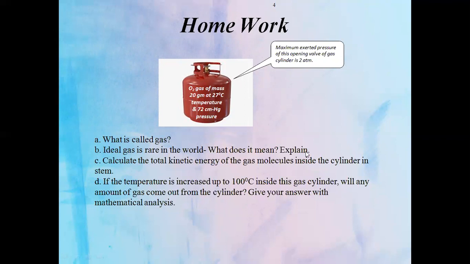Explain. Number C, calculate the total kinetic energy of the gas molecules inside the cylinder in the stem. And the last question, if the temperature is increased up to 100 degrees inside this gas cylinder, will any amount of gas come out from the cylinder? Give your answer with mathematical analysis.